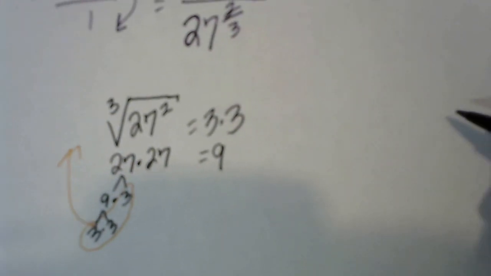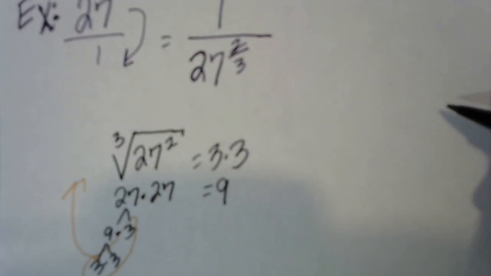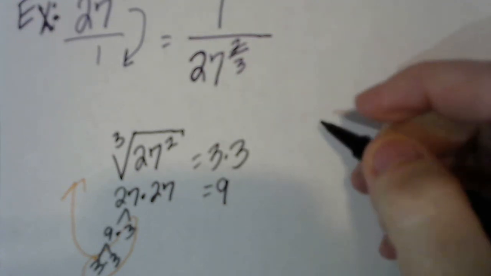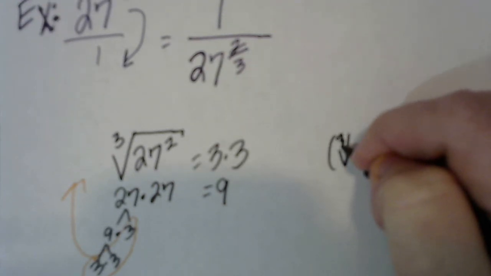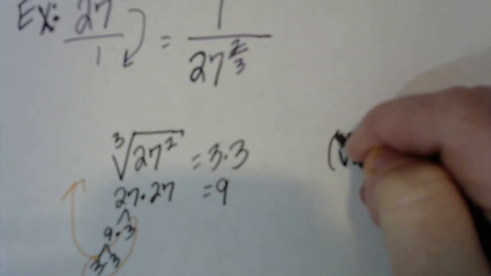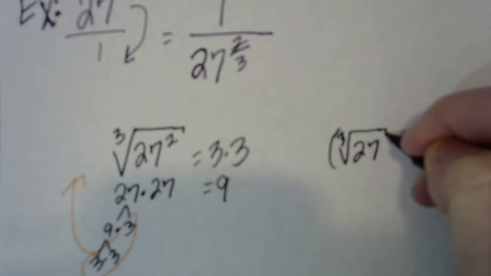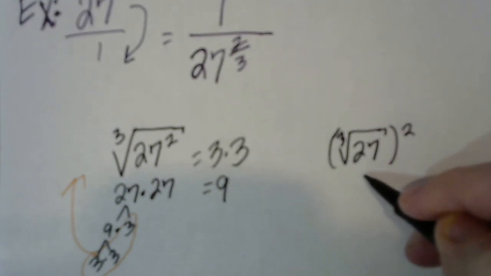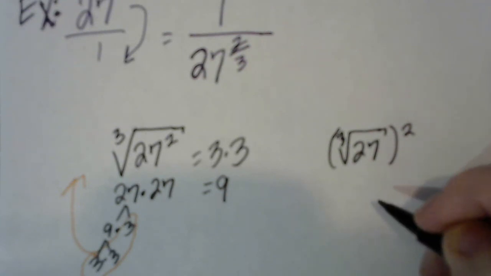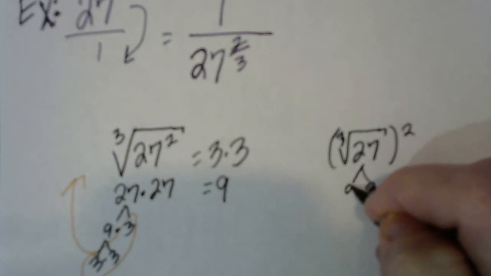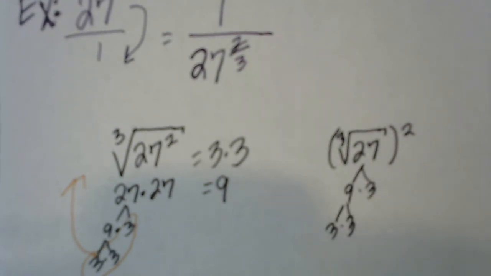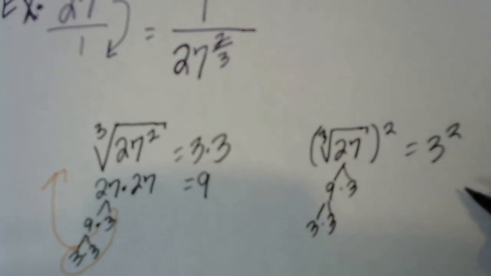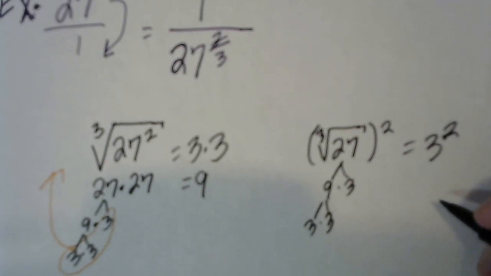Those of you that like the alternate way that I just showed you a minute ago, I could do the cube root of 27 squared, and I know that the cube root of 27 is 3. Right? So that would be the same as 3 squared, which is 9 again.